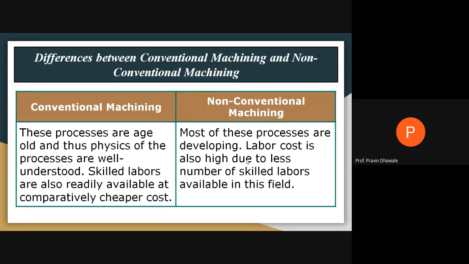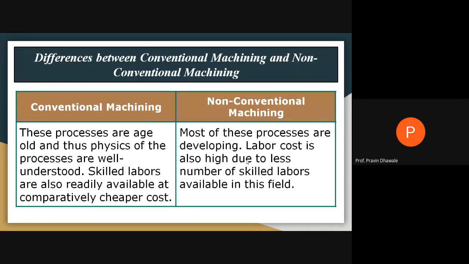Consider the various operations performed on a lathe machine: how to carry out the turning operation, how to carry out the facing operation, how the tool will move, how you will mount the workpiece on the machine by using the tailstock, spindle, chuck.